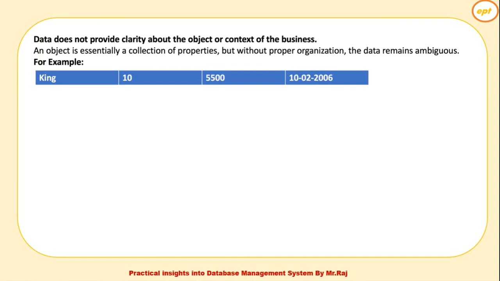The name King could be anything, right? Maybe a person's name, a company's name, a brand name, or a nickname. It's a lot of confusion, right? If you have data like this, will you be able to take any decisions with respect to your business?